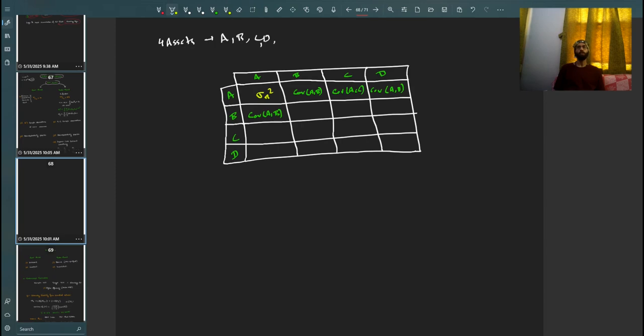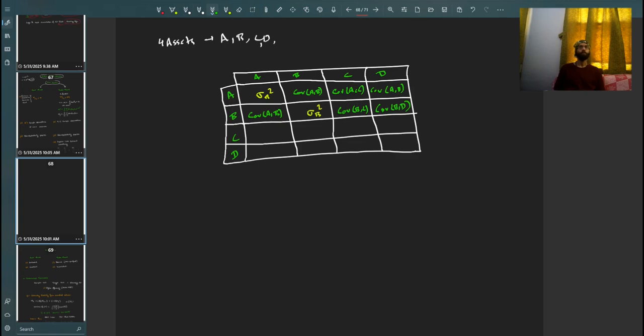In the second box, what we'll have? We'll have the variance of B with respect to B, right? In the third box, covariance of B with respect to C, right? Fourth box, covariance of B with respect to D.